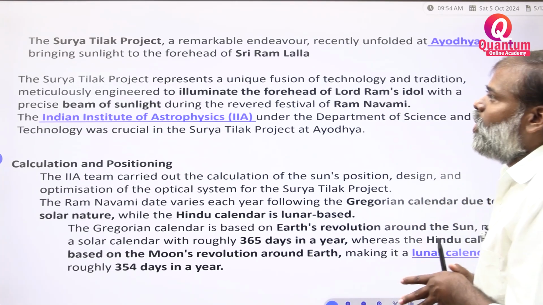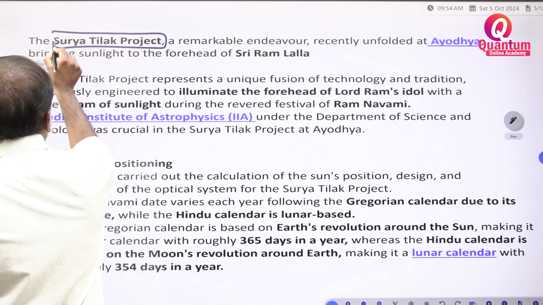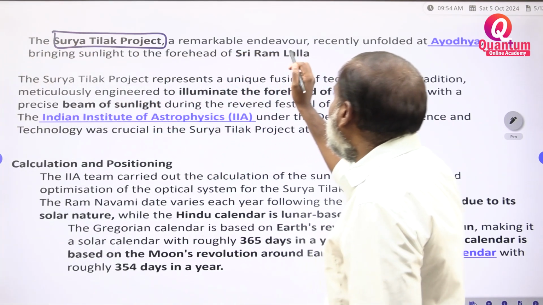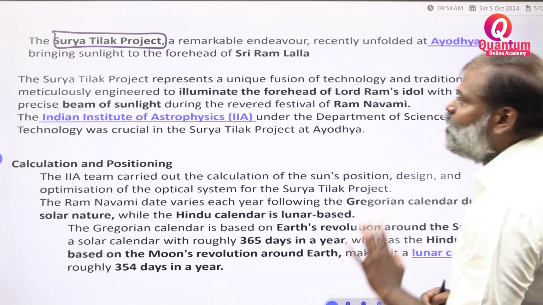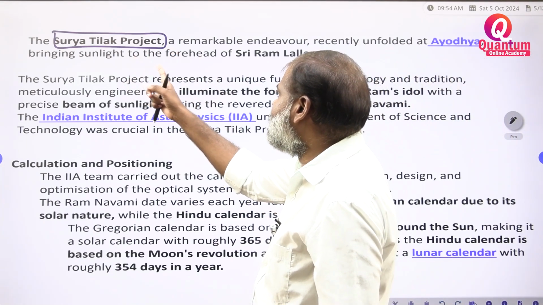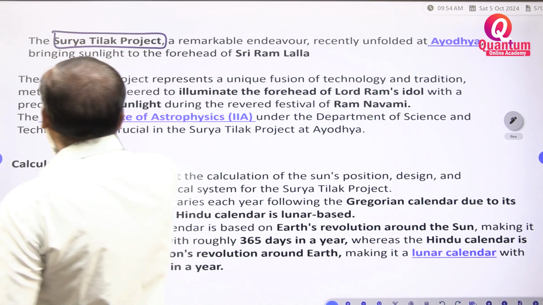What did they do? Once you have to see. The Surya Tilak project is a remarkable endeavor recently unfolded at Ayodhya, bringing sunlight to the forehead of Sri Ram Lalla.